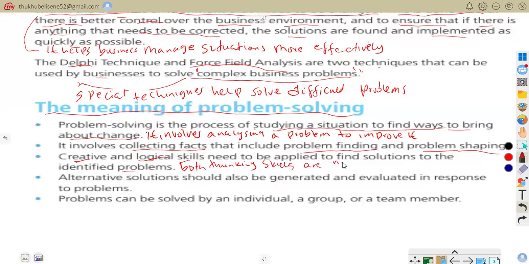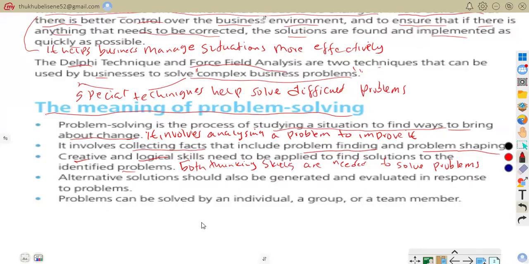For example, using logic to analyze cost and creativity to find new ideas.